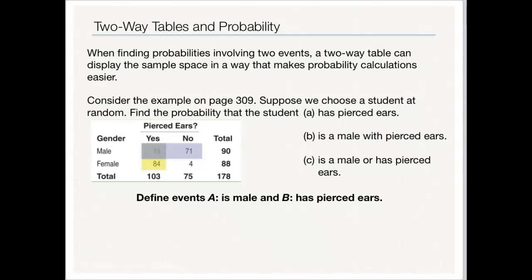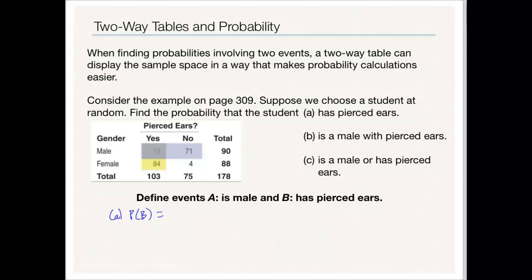And I defined event A as is male and B as has pierced ears. And so for part A, they say find the probability that a student has pierced ears. So for part A, they just want the probability of event B occurring, right? And so in general, they're talking about all students.